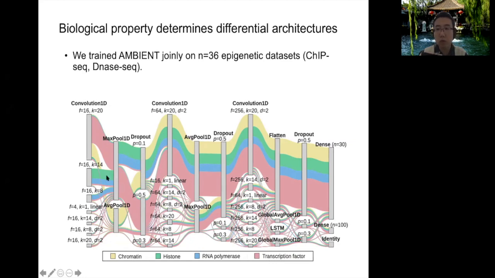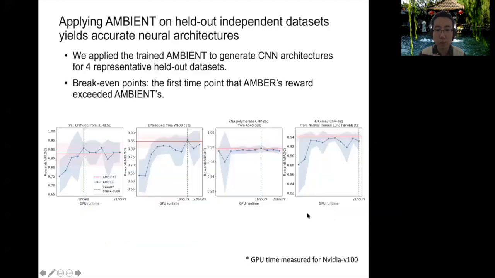There are also some transferable parts, such as after the first 3 layers, different datasets tend to use more or less the same architecture. So we think the first part is some kind of an adapter that can learn to extract information from sequences of different biological properties. And then the later part is transferable across diverse datasets.